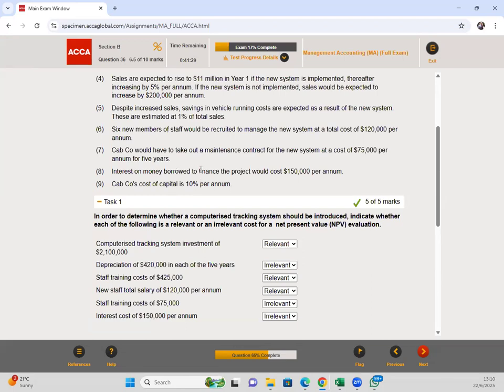Item number 7 is saying that CAPCO would have to take out a maintenance contract for the new system at a cost of 75,000 per annum for 5 years. So we're taking maintenance at 75,000 for 5 years.